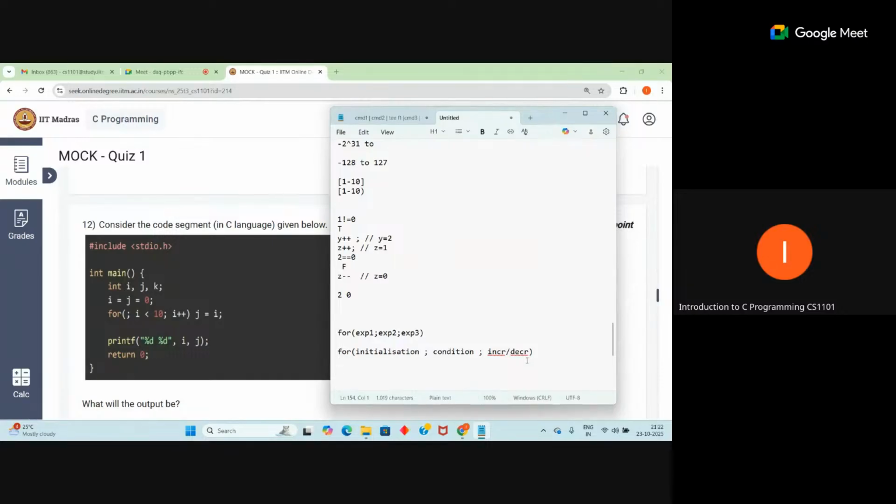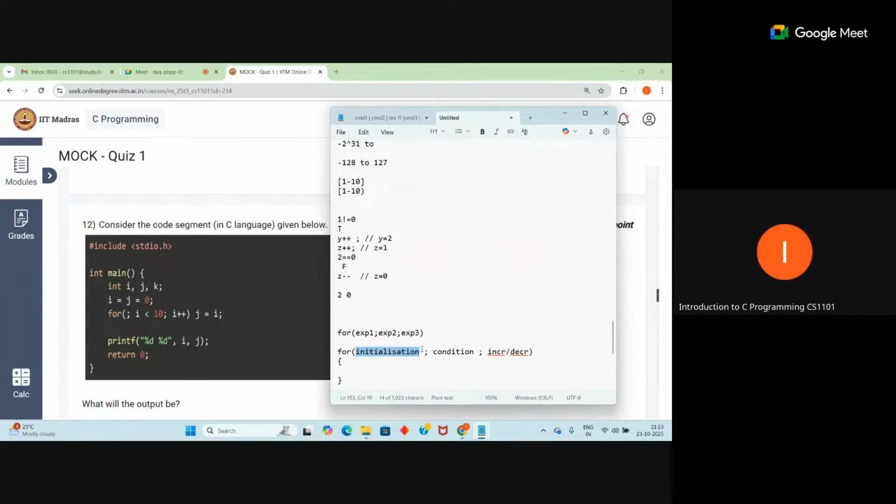Then whatever code you want to execute, you can write either in a compound statement or a simple statement. If you write a simple statement, only one statement gets executed. If you write a compound statement, all the statements included between the open and closed braces get executed. So how will this execute?